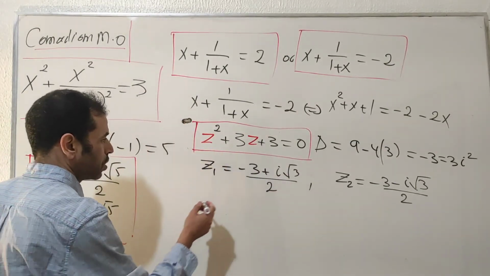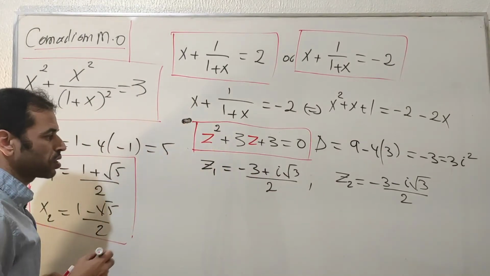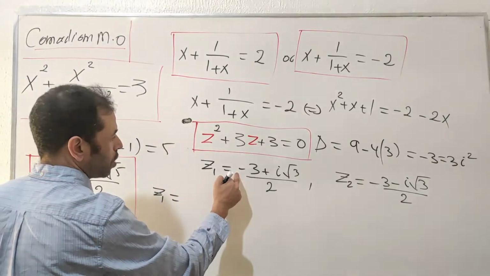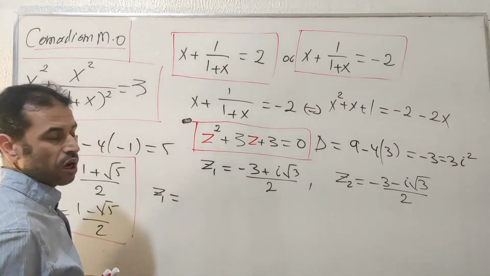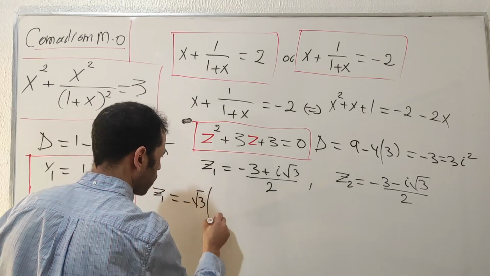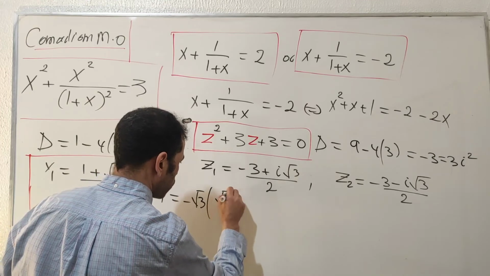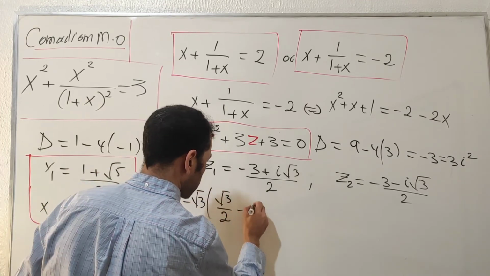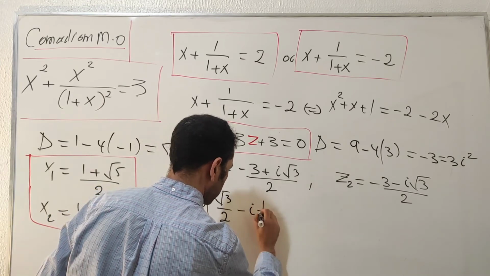It's more simple by using the cosine and sine here. So I get z1. I'm going to take minus square root of 3 out of these things here. I get minus square root of 3 factor, square root of 3 over 2 minus i half.